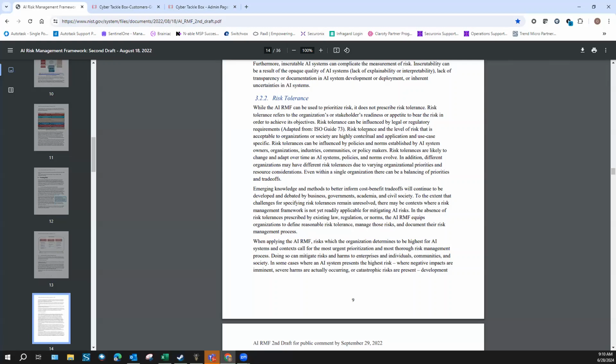If you're learning with your AI and it's learning and it's failing, then you're creating an opportunity for there to be an incident, and the opportunity of that incident is called risk. And the ability for you to tolerate those risks is part of this framework. So they want you to be able to understand what your risk is, and to be able to define how much risk you can tolerate before there's an incident.